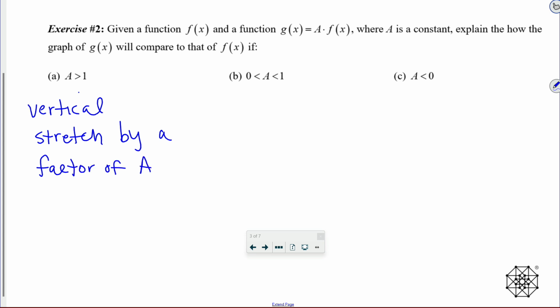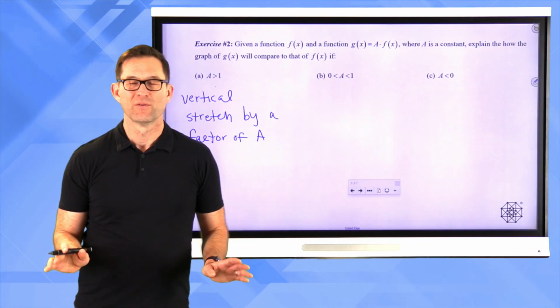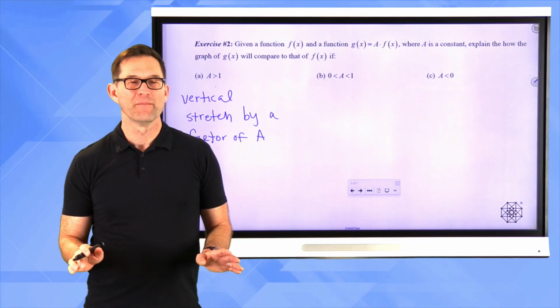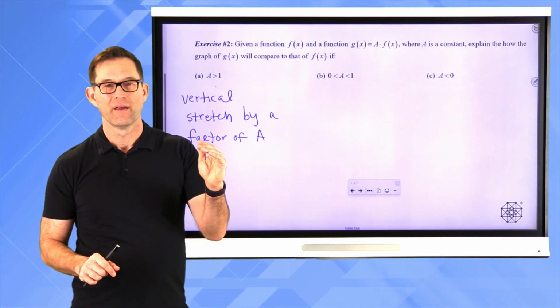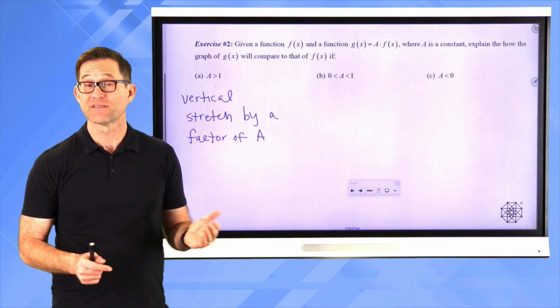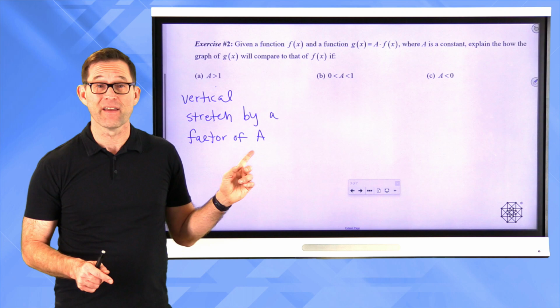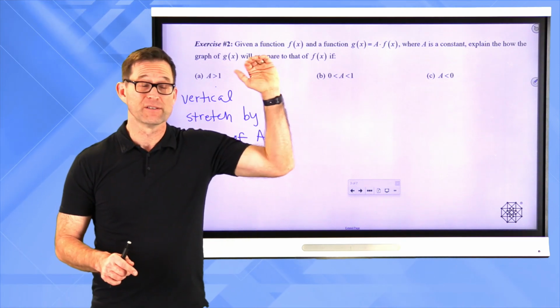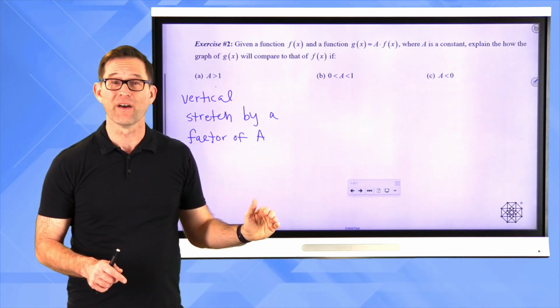Now, let me give you a little preview. Think about this for a moment. The highest that the sine and cosine value goes is 1, and the lowest it goes is -1. So if I stretch it by a factor of a, the highest it's going to go is positive a, and the lowest it's going to go is negative a.